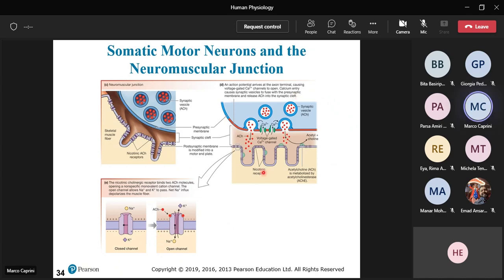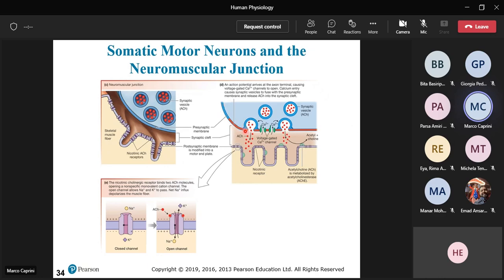Panel D shows the entire process. An action potential arrives at the terminal of the axon, the branch of the axon, causing a depolarization of the presynaptic membrane.